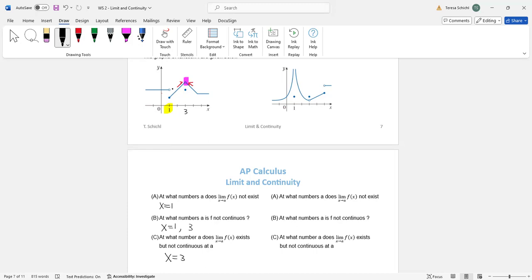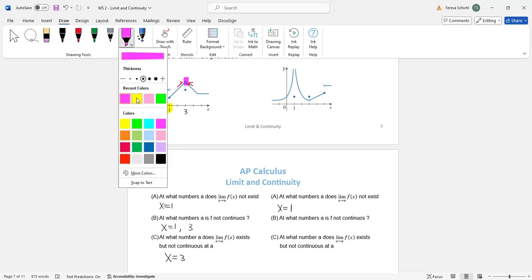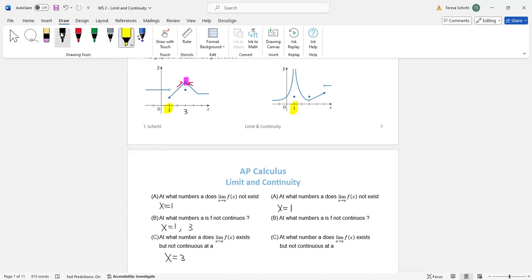All right, let's take a look at this one here. At what number a does the limit not exist? The first one is x equal to 1. This limit does not exist because they are approaching the asymptote, so they are approaching infinity.